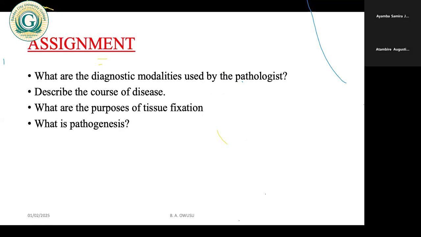Please, mine is a contribution to our sister who said they are at a referral center. Anytime they received a client with an HB of 3, when they checked, the HB was 9. I've also referred a client with a very low HB, but they got to the facility, did their HB, and said it was 9. So instead of keeping the client in the facility to monitor and check whether the fault was in their machines or ours, they discharged them and asked them to go home.